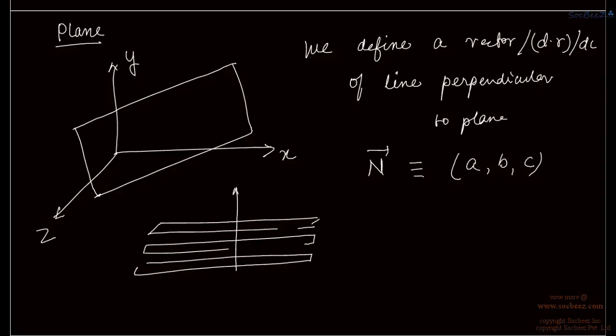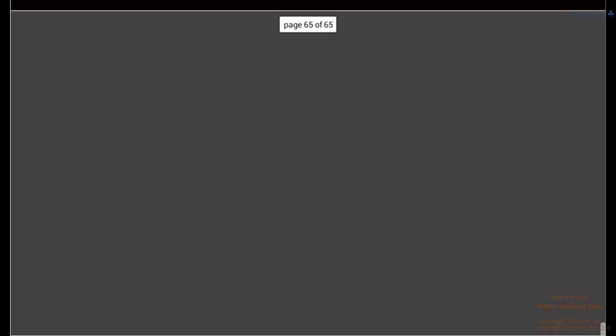So to fix a plane, to make a plane unique, we have to also give one more condition. Say we give a plane must pass through this point, then we can find the equation of the plane.